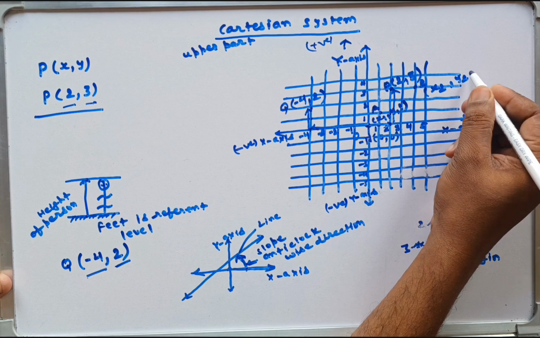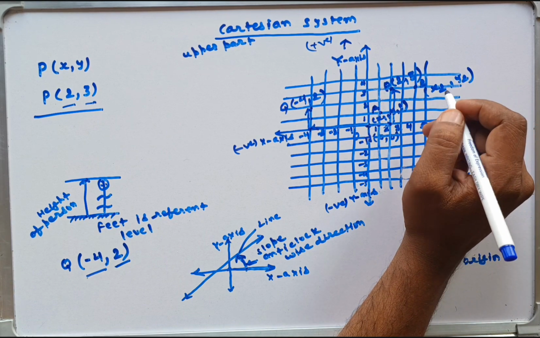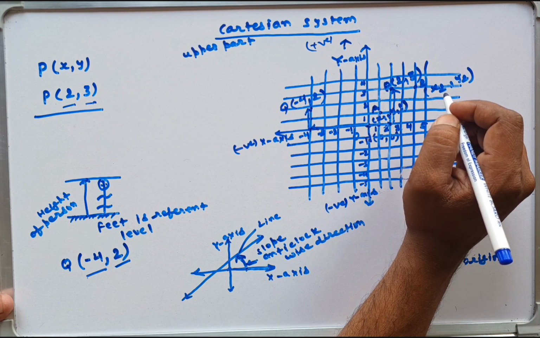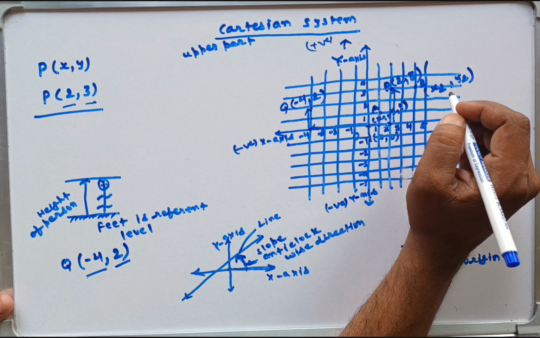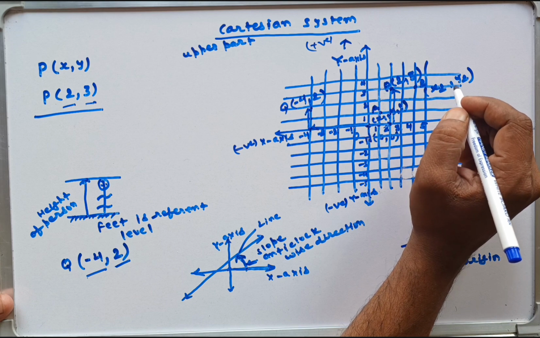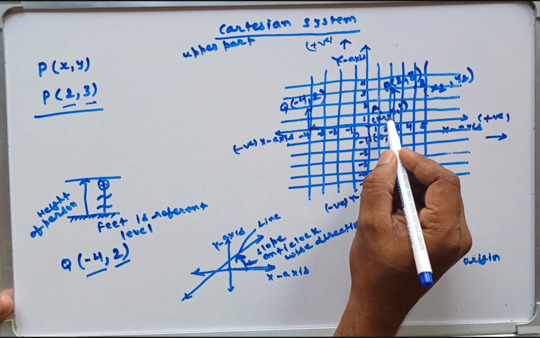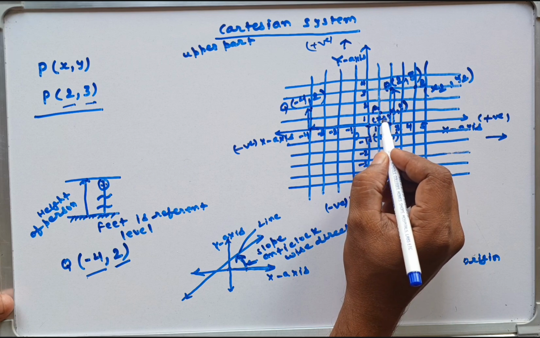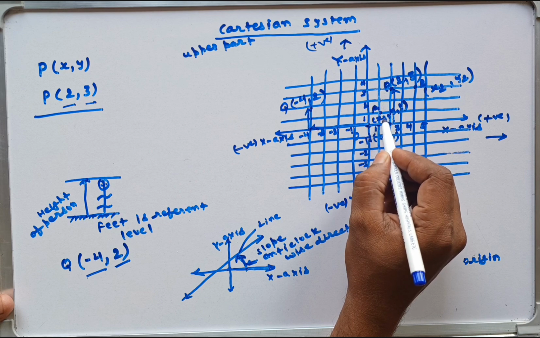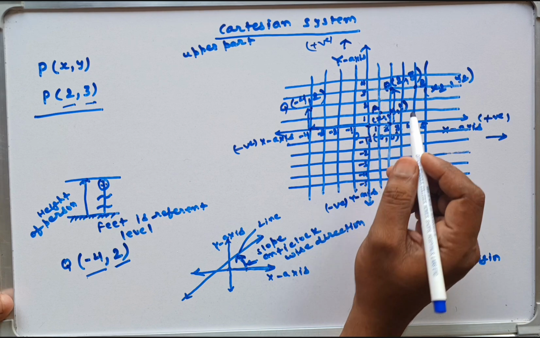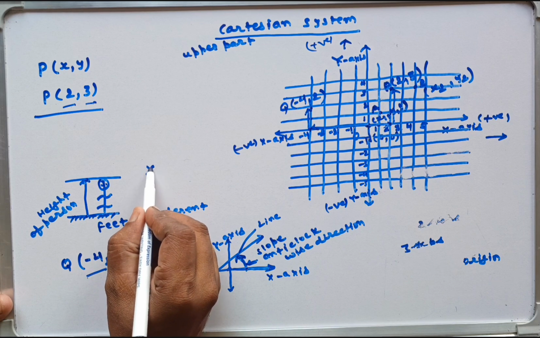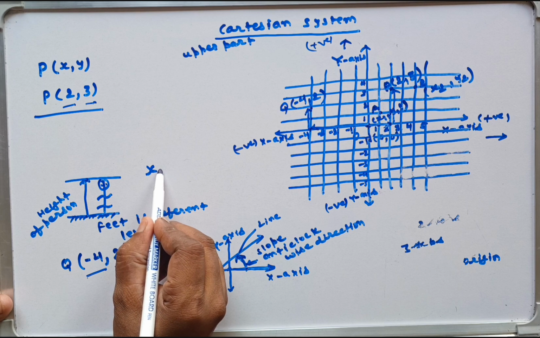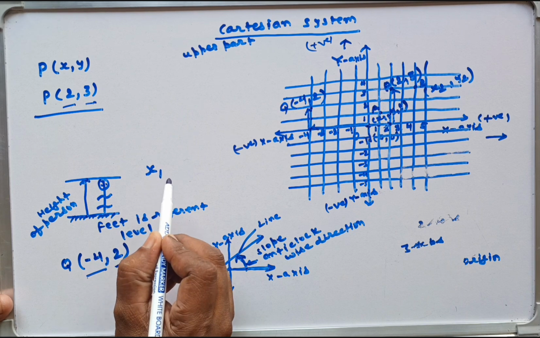Guys, always remember this: when you write the coordinate x1 or x2, the numeric value comes in the lower part of the letter. This one is x, then x1 means the number 1 comes here.